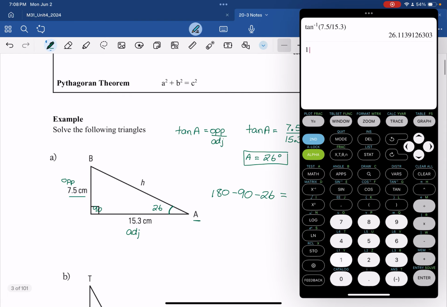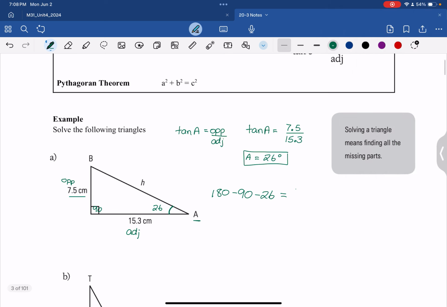So I'm going to go 180 minus 90 minus 26, and my other angle then is 64. So B is equal to 64 degrees. Okay, so we have my two angles.